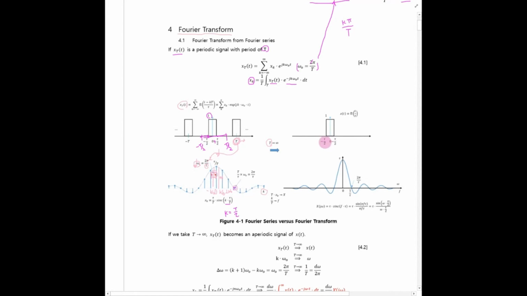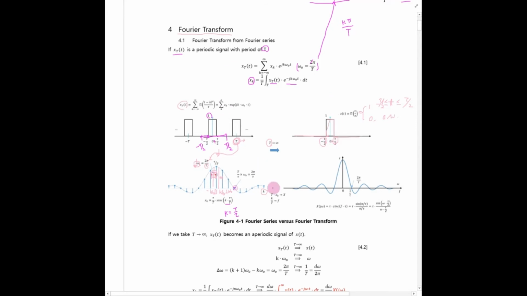It is non-zero between minus tau over 2 and positive tau over 2. In this case, x(t) is 1 if t is greater than minus tau over 2 and less than tau over 2, and 0 otherwise. That's this plot.